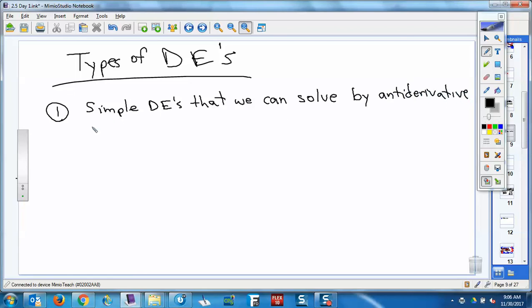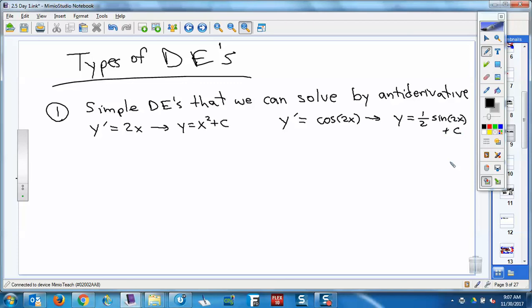Okay, so that would be like the one I just talked about. Y prime equals 2x would lead you to y equals x squared plus c. Or y prime equals, what was the one we just did a minute ago? Cosine 2x, right? That would lead us to y equals, what was it? 1/2 sine 2x plus c, just by doing a basic antiderivative.